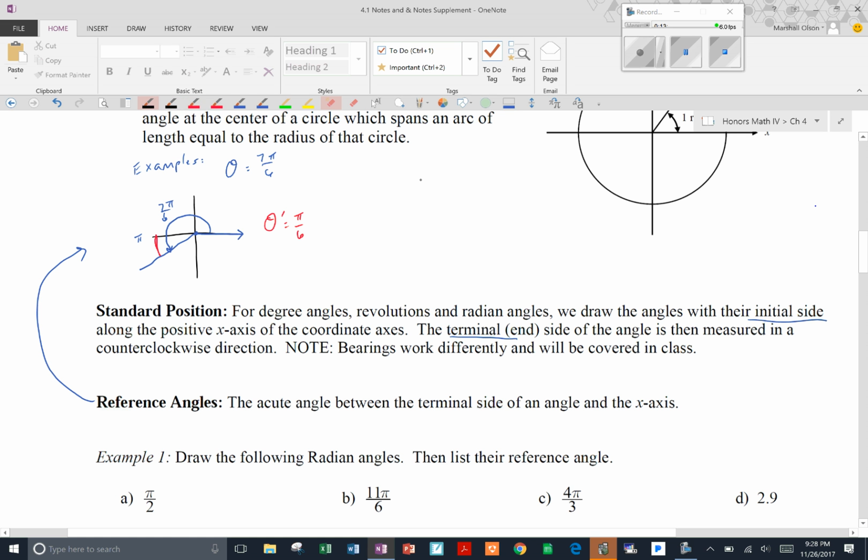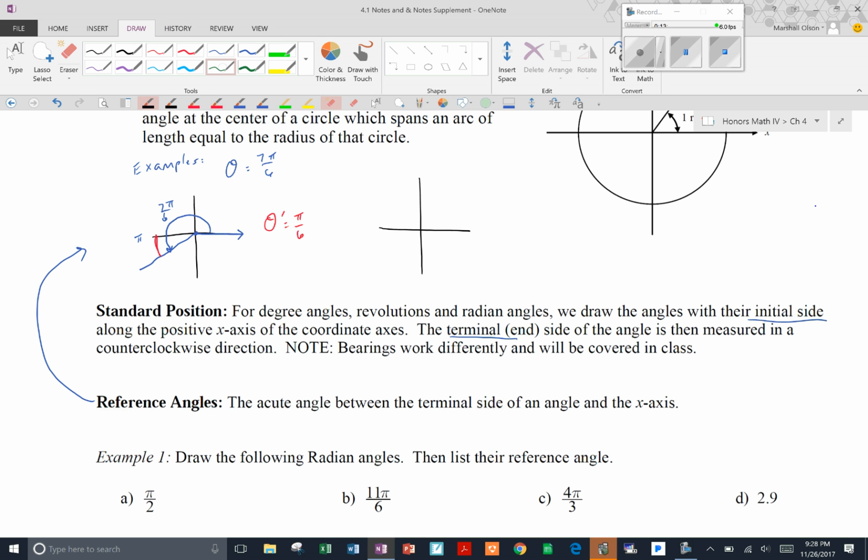If we had the angle 5 pi over 6, here's my initial side. Now again, here's pi. That's 6 pi over 6. Okay, and if you want to write it like that, you can. I'm going to leave it as pi.